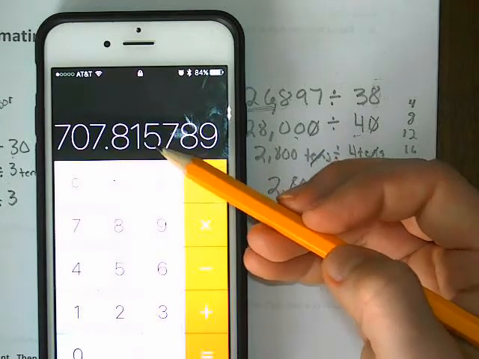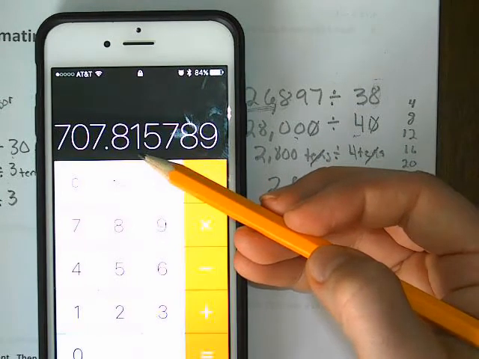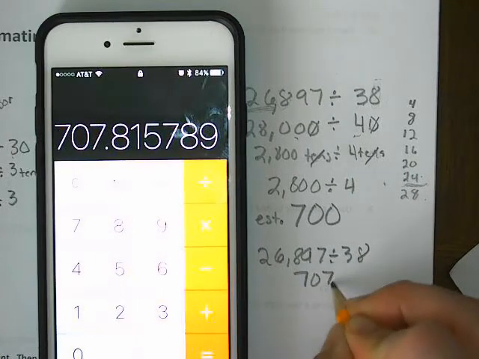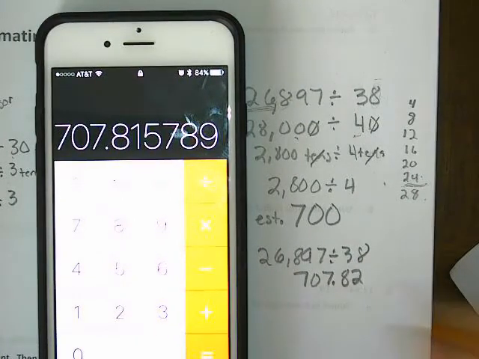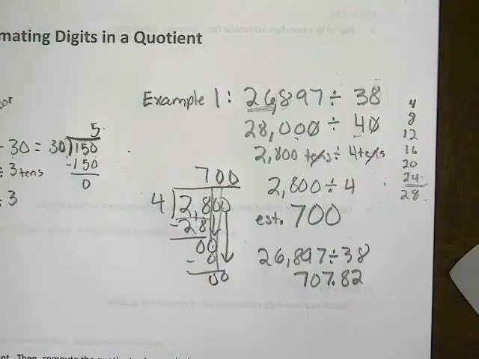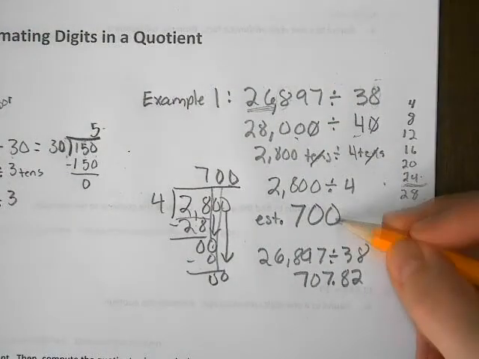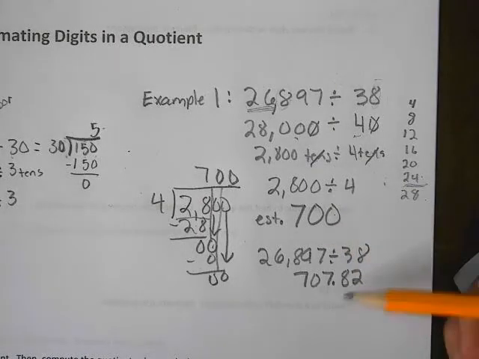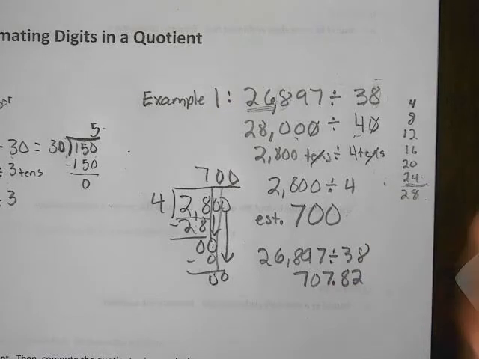And this is a 5. 5 or more raise the score, so it would become a 2. And so your answer would be 707.82. Now, if you look, that's almost 8, a difference of 8, which isn't that much. And so you're able to know, okay, that makes sense then. If this is 707, that's close to 700. My math is probably correct.